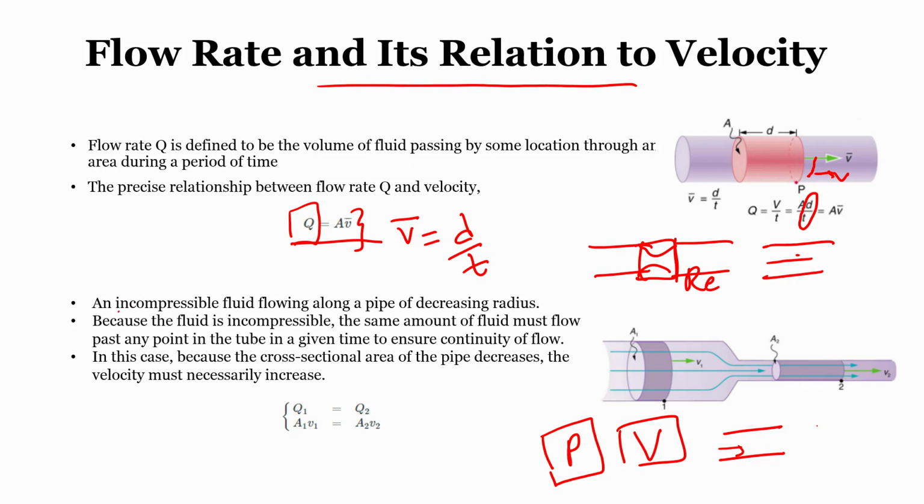Now here there's a line which says incompressible fluid flowing along a pipe of decreasing radius, that is this here. When we are talking about fluid flows, parameters such as Reynolds number need to be quantified, and then you need to know about Newtonian and non-Newtonian fluids, and another thing is compressible and incompressible flows.